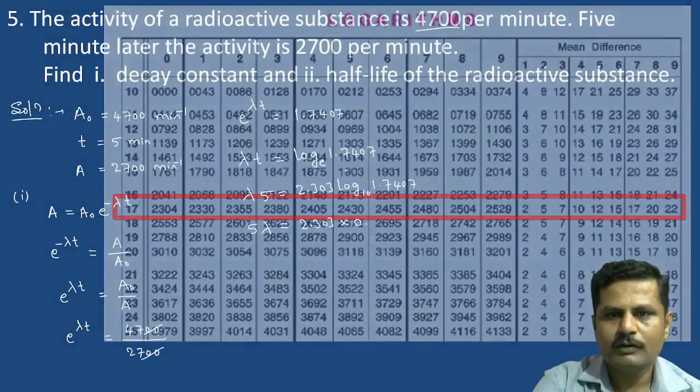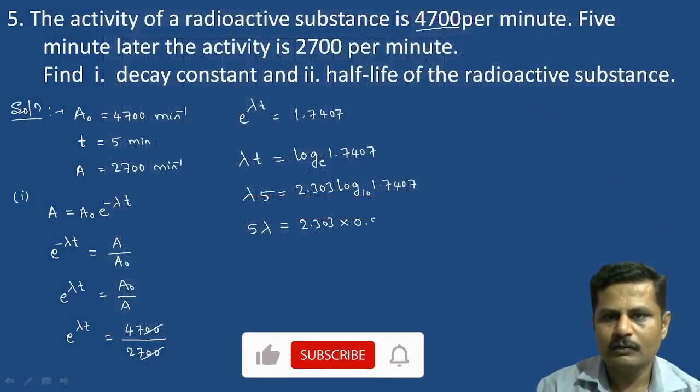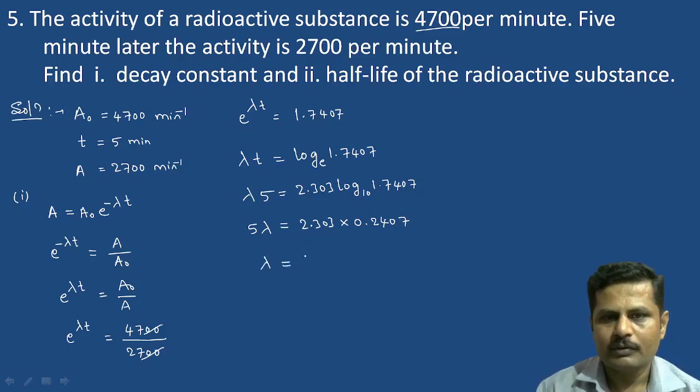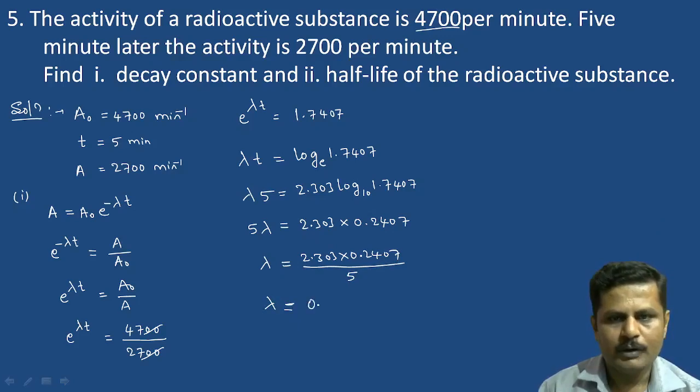The value of this is 0.2407. Now lambda equals 2.303 into 0.2407 divided by 5. On simplifying, we get lambda equals 0.1108 per minute. This is the value of the decay constant.